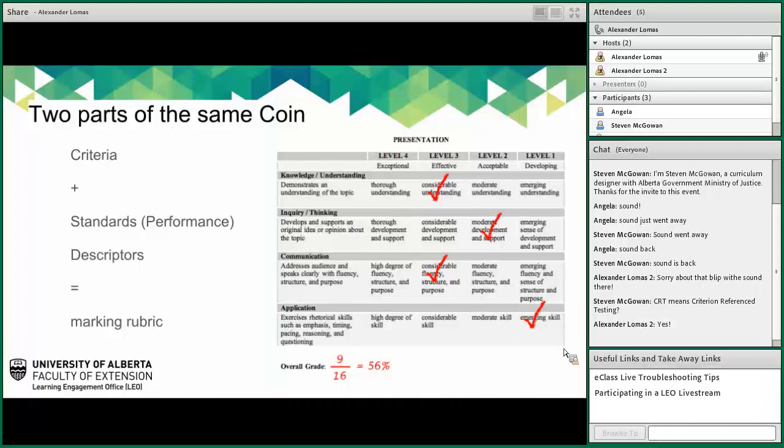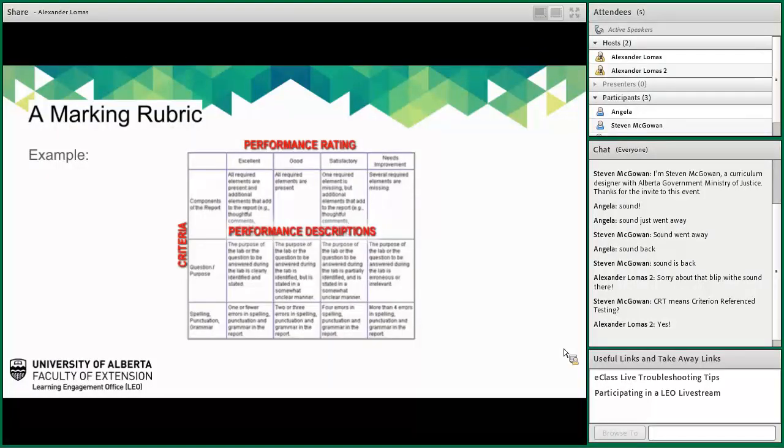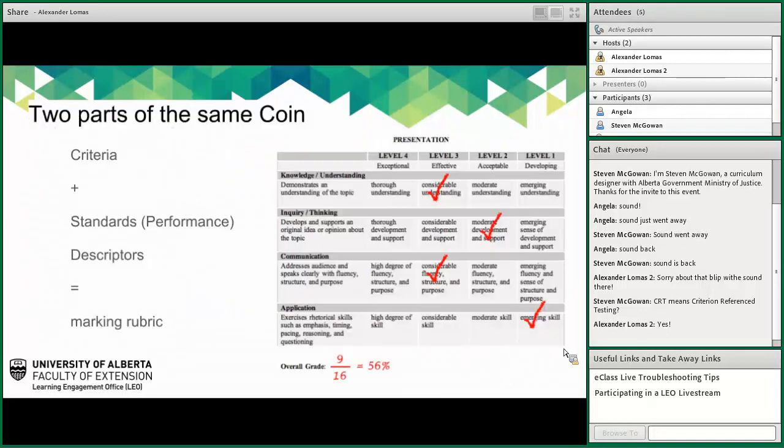And suddenly you have a complete assessment that allows the student to not only see where they are presently, but also where they can improve. So as you can see here, the criteria along the side, performance rating along the top, and then the descriptors in the center. Yes? Back to that previous rubric.